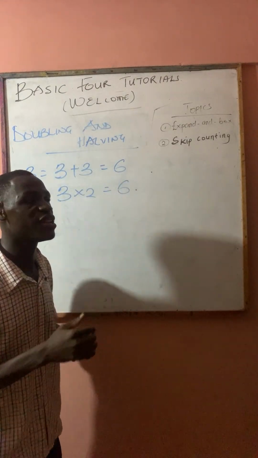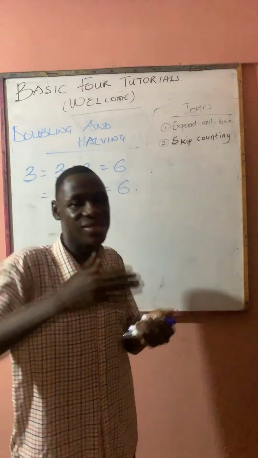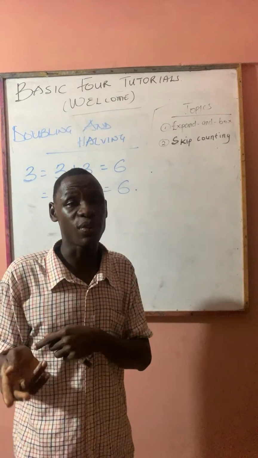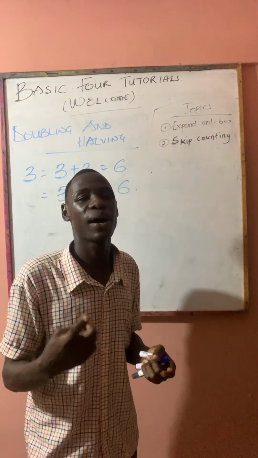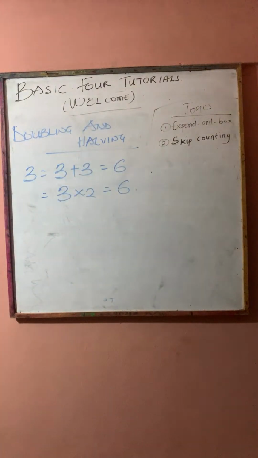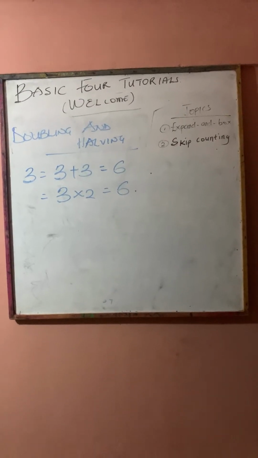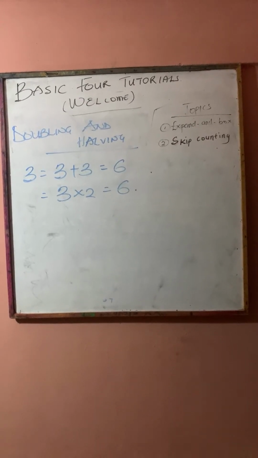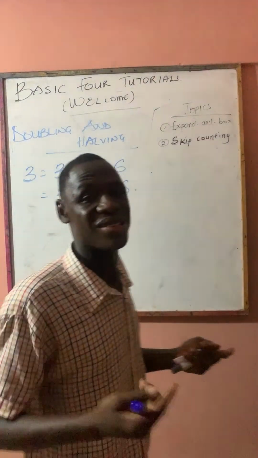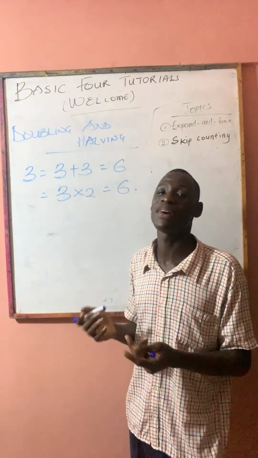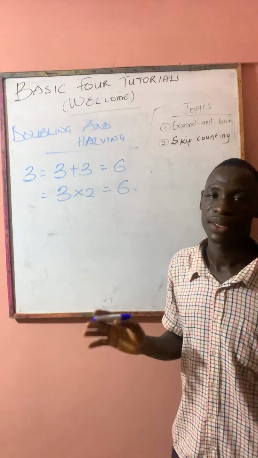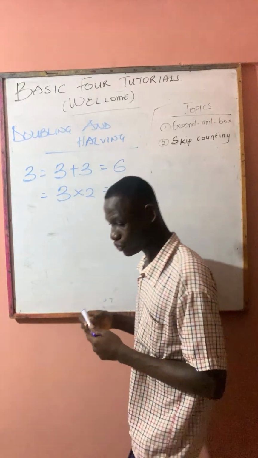So either you use addition, you add the number to itself, or you use multiplication, you multiply the number by 2, to give us the same answers.